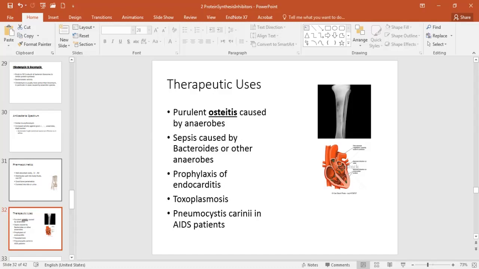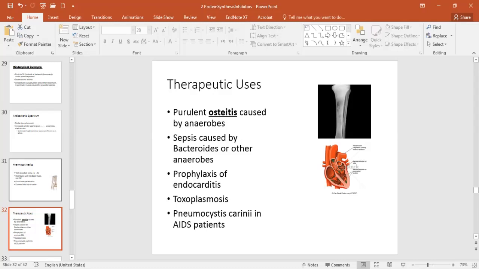This happens, for example, in car accidents or fractures, where contamination of the bone occurs. It is hard to treat and deal with, so you should think of lincomycin or clindamycin.